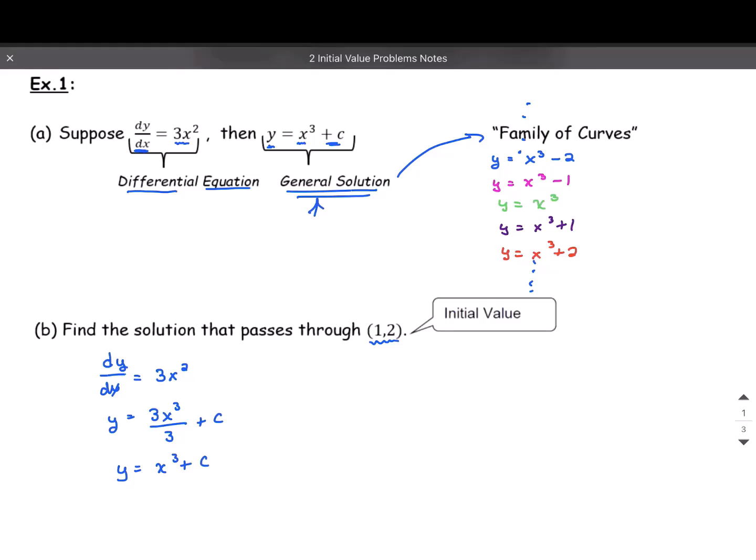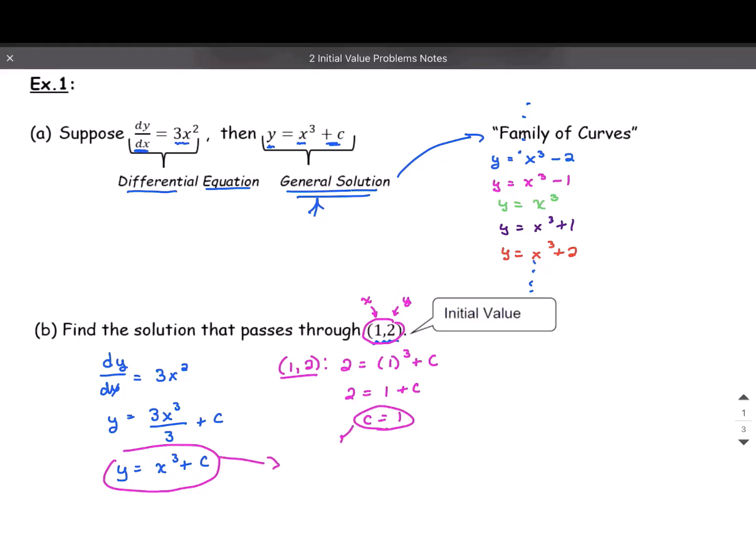Now that we have that general solution, we're going to take this initial value, 1, 2, and substitute it into this general solution. Remember, the first number is an x value, the second number is a y value. So if we substitute, y is 2 equals x is 1, and we're going to cube it, plus c. So 2 equals 1 plus c. That means that c has to equal 1. Now, this is not your answer.